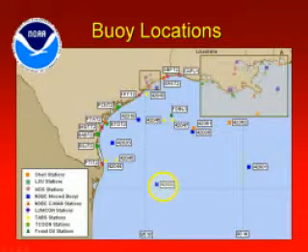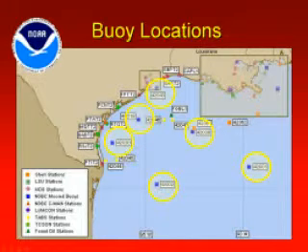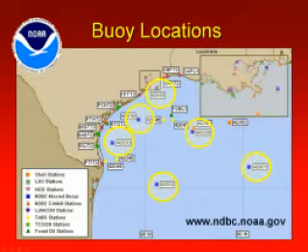There are half a dozen buoys located in the northwest Gulf of Mexico, some in deep water and some right off the coast. Live information can be found from each of these buoys on our website. This is an example of buoy 42020, 45 miles southeast of Port Aransas.